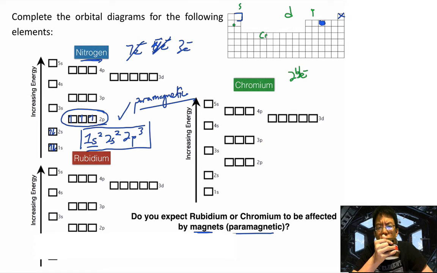Yeah, 24 electrons. All right, great. So we've got 24 electrons to go in.